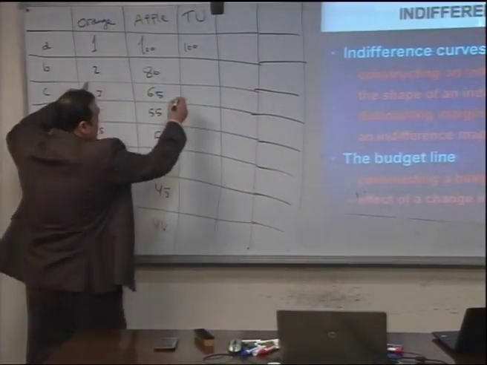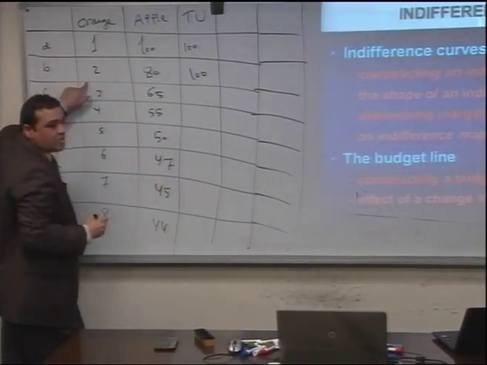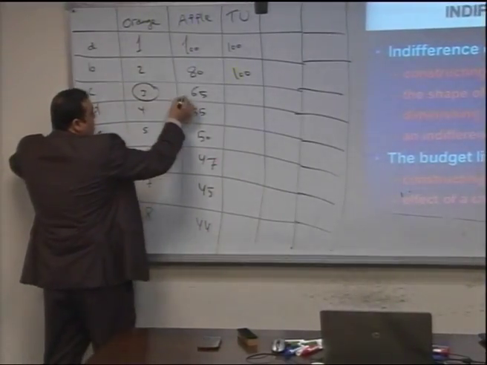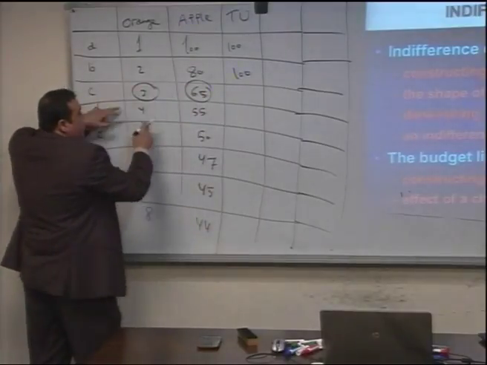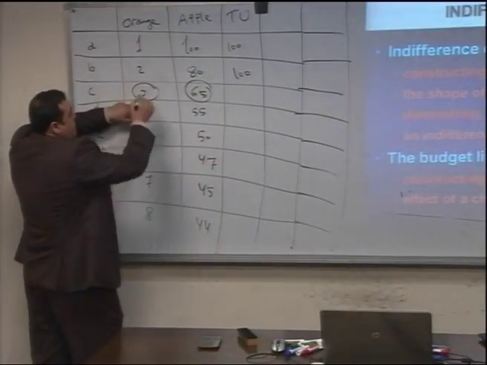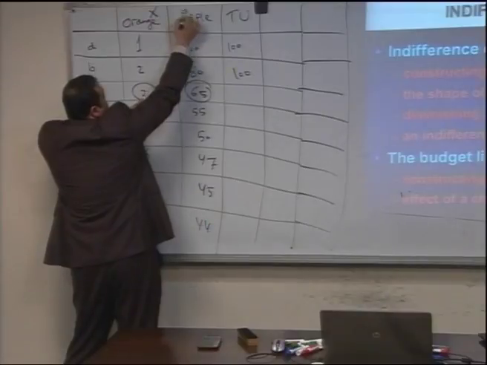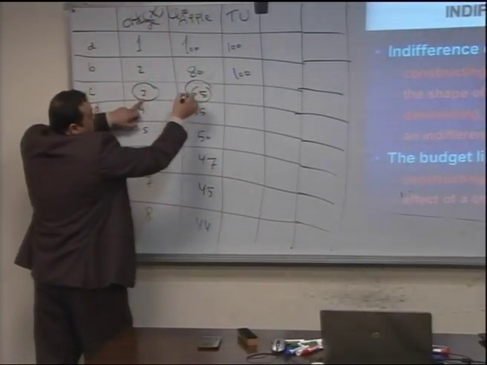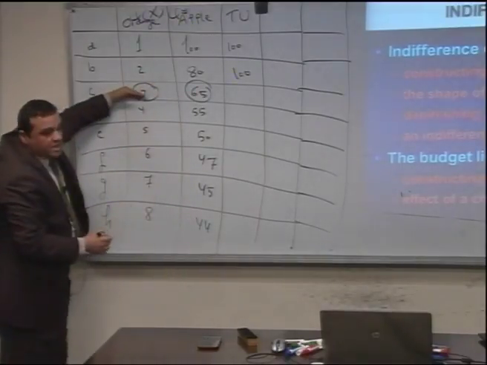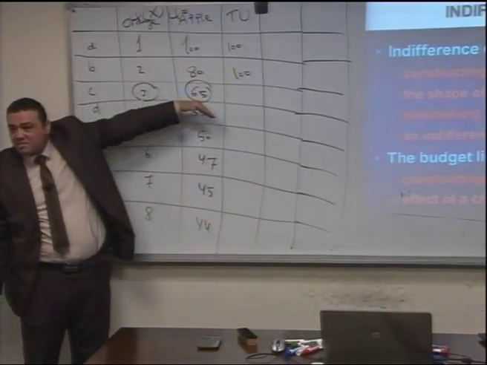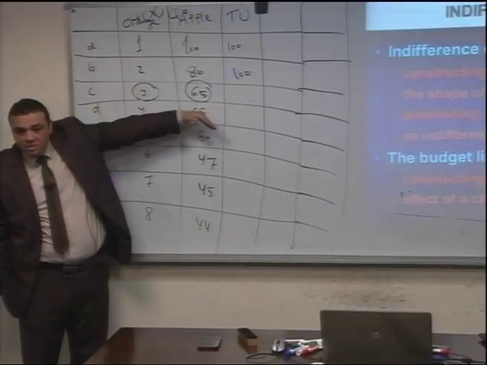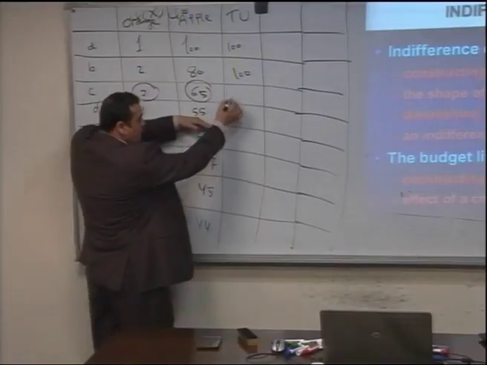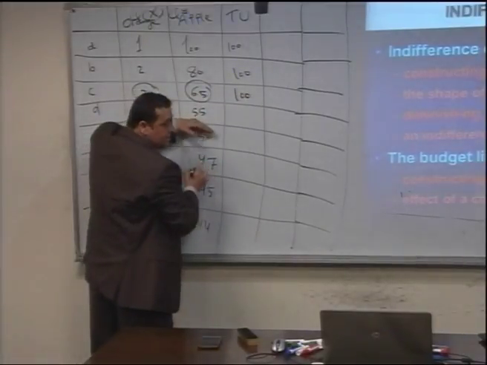And group 2 gives him the same total utility, even though he added 1 more unit of orange. Quantity of X, quantity of Y: adding 1 more unit of X, he has to sacrifice units of Y and keep the same total utility.